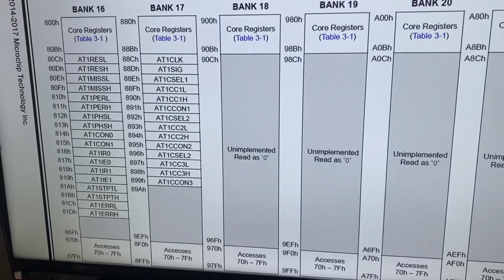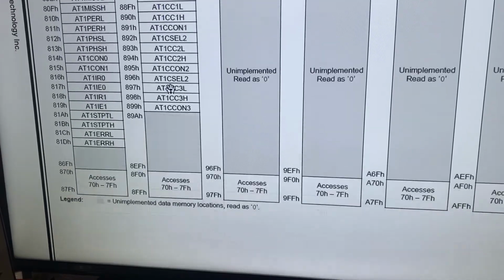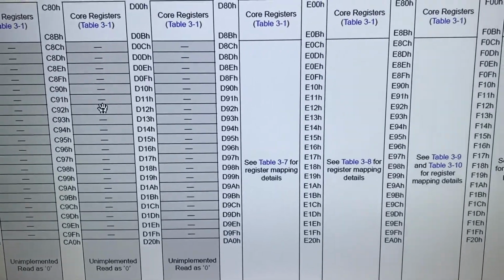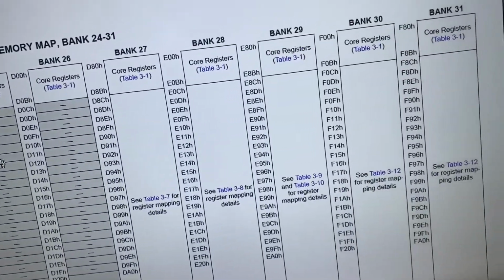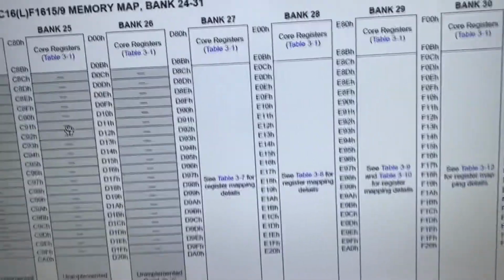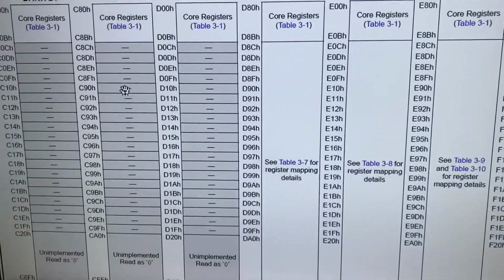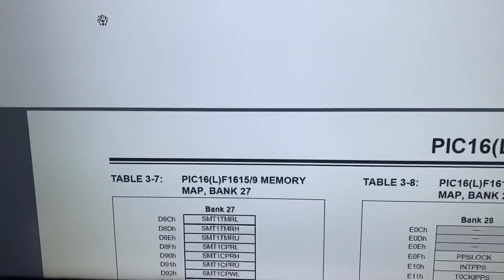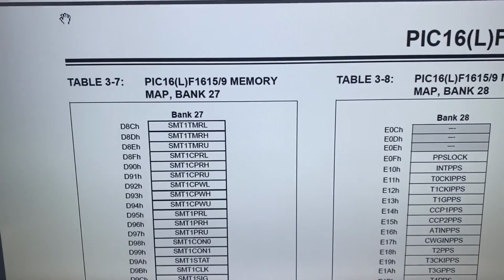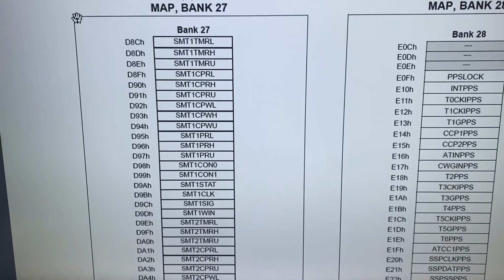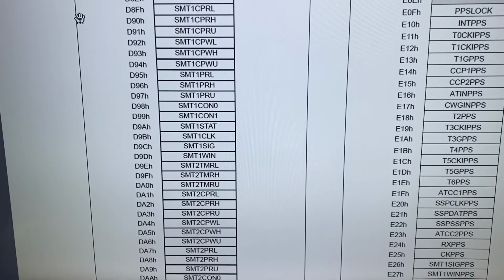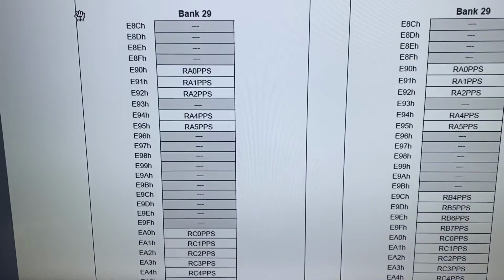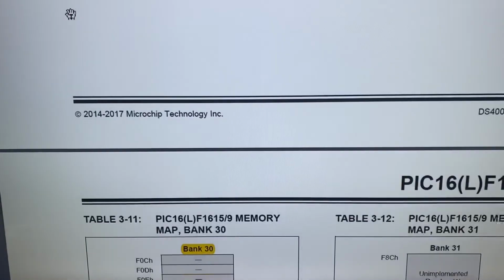You see, we have all these registers, and so on until you reach bank 31, which is the last one. And so this is how all the banks are configured. And there are other banks like map banks, bank 27, bank 28, their locations. If you're going to need them, you need to know where they are located.